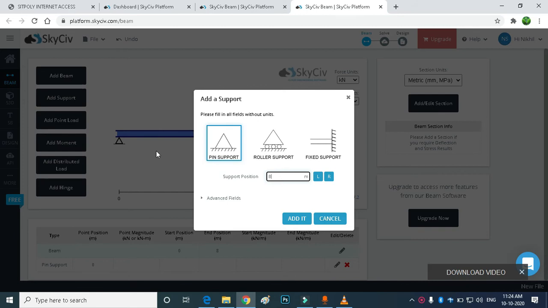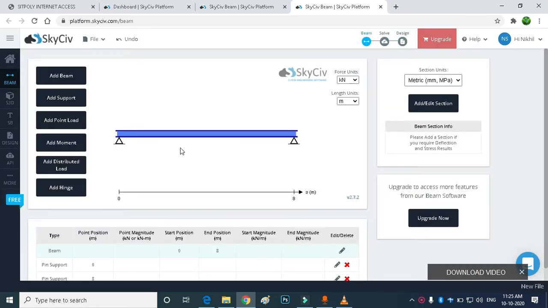Why 8 meter? Because the total length of the beam is 8 meter, so the other end of the beam will be at 8 meter from the left hand side. After putting the value as 8, I will click on add it. So we will have the two supports at the ends, and this particular beam is our simply supported beam.